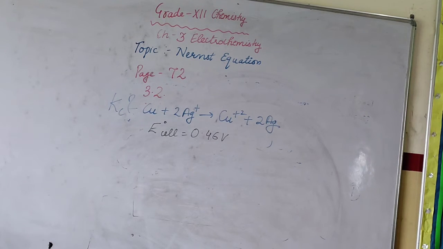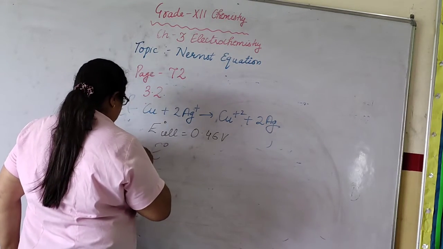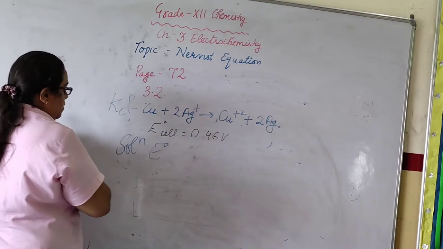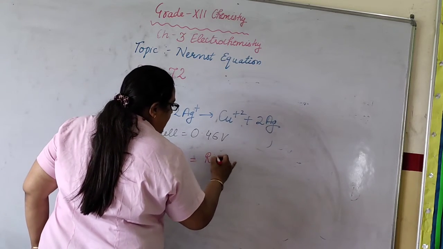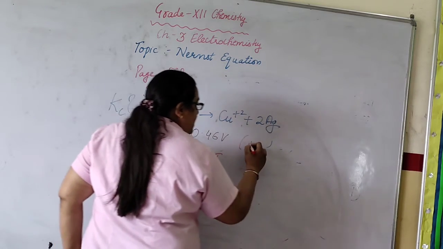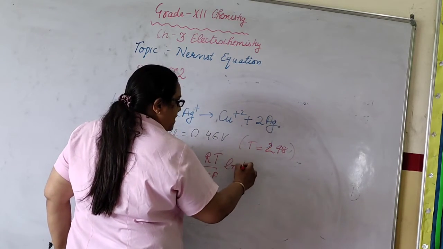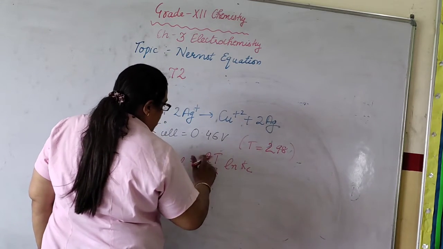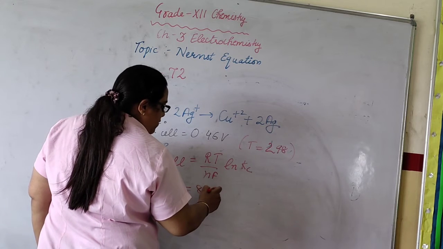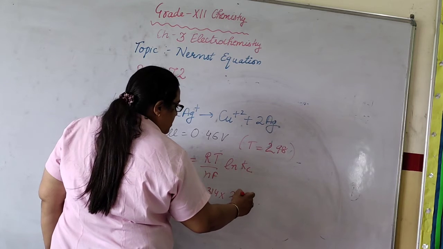How will you calculate? I just told you the formula for the same. The solution is: E naught of cell is RT over nF ln Kc, and the temperature here is 298 Kelvin. I can put 8.314, and converting into log base 10, 2.303.